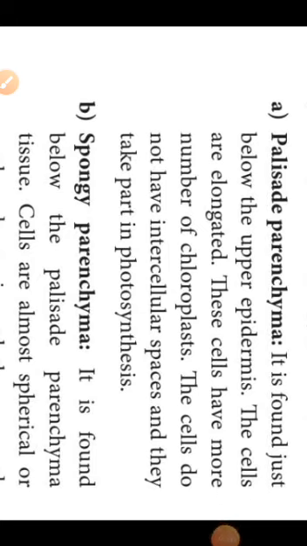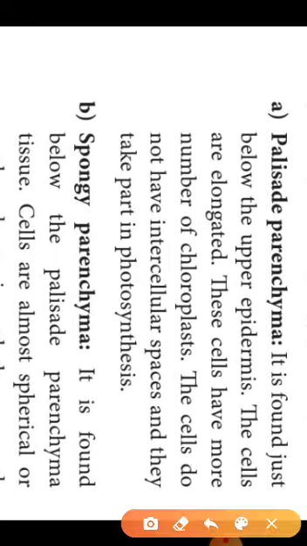First one is palisade parenchyma. It is found just below the upper epidermis. The cells are elongated. These cells have more number of chloroplasts. The cells do not have intercellular spaces and they take part in photosynthesis.